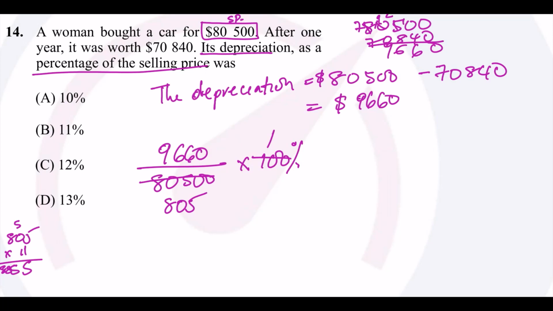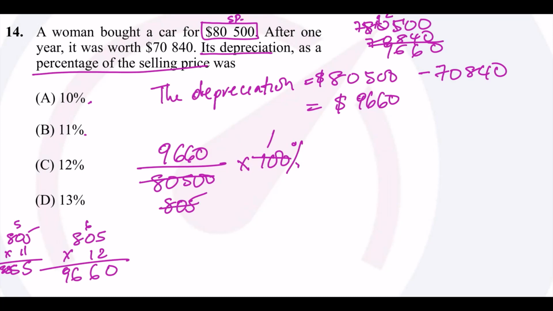Let's try 805 times 12. Let's multiply. We tried the 10, we tried the 11, let's try the 12 now. So 12 times 5 gives us 60, so we put down the 0 and carry the 6. 12 times 0 is 0 and 6, 6. And 12 times 8 is 96. Oh, what do you know?